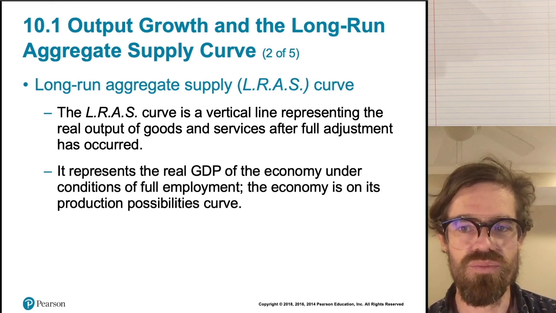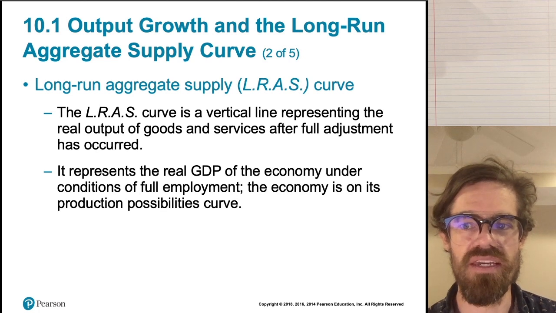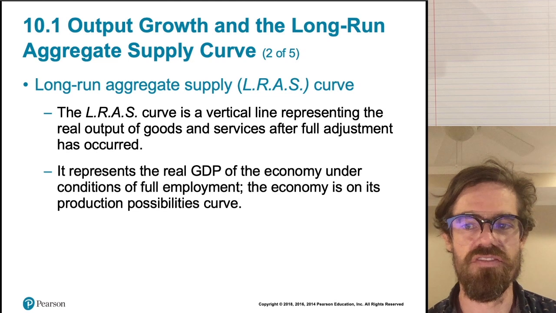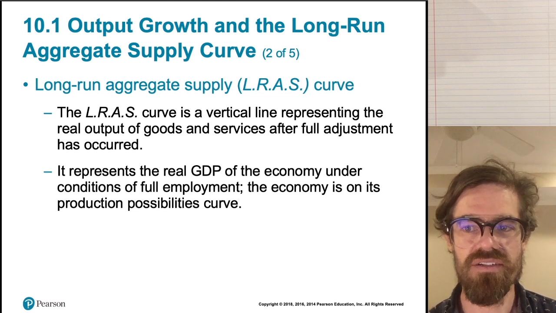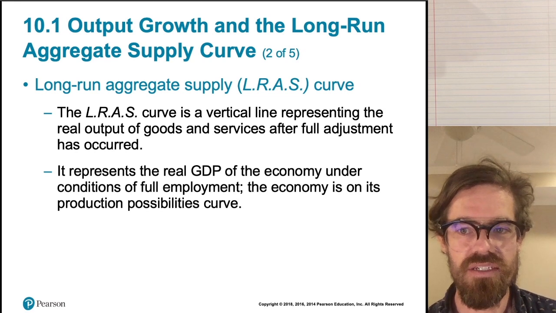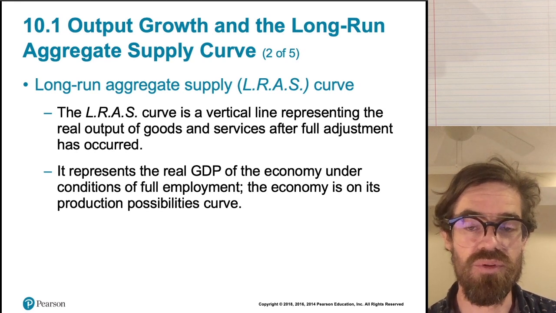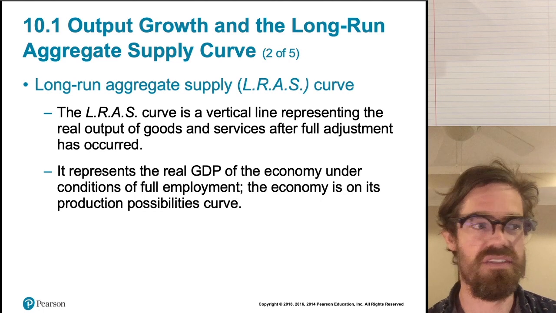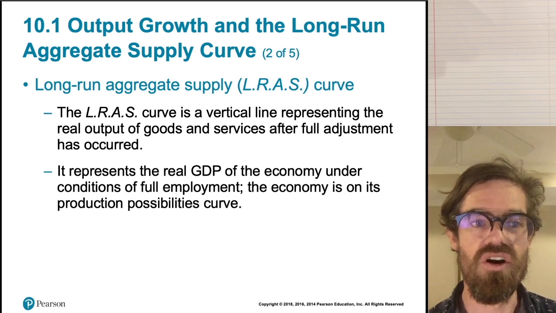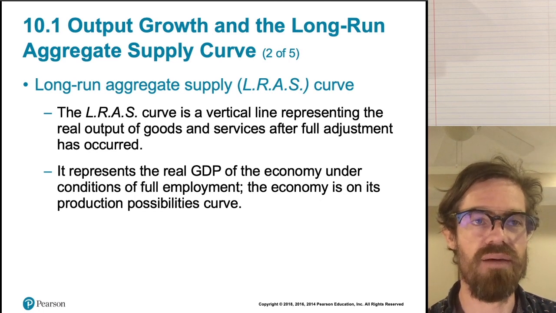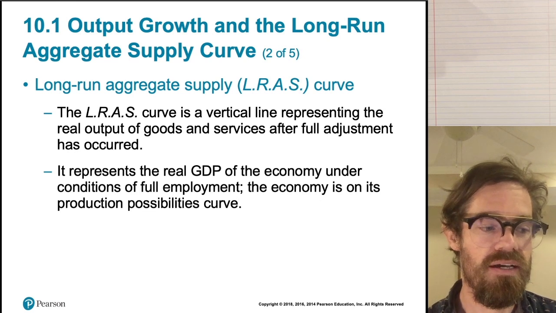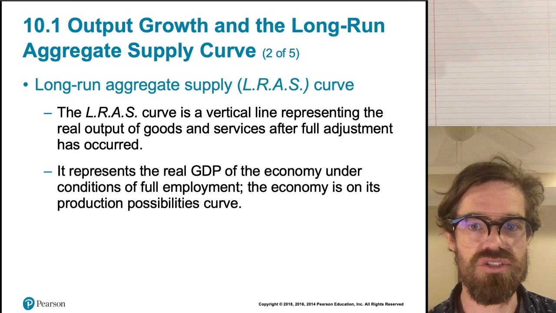And what it represents is the level of real GDP in the economy under conditions of something called full employment, which we've already talked about. Recall back a few chapters ago to that concept of full employment. It doesn't mean everybody's employed and there's no unemployment. It just means that there's the normal sort of long-run level of unemployment coming from frictional and structural unemployment only.